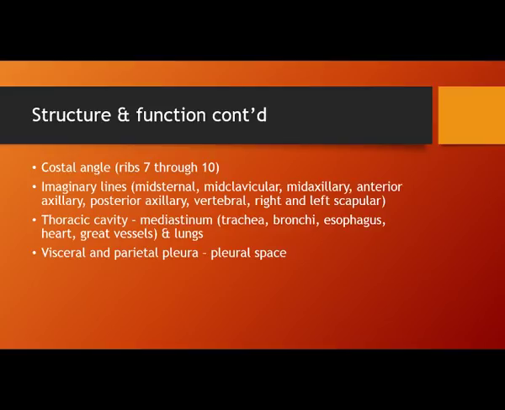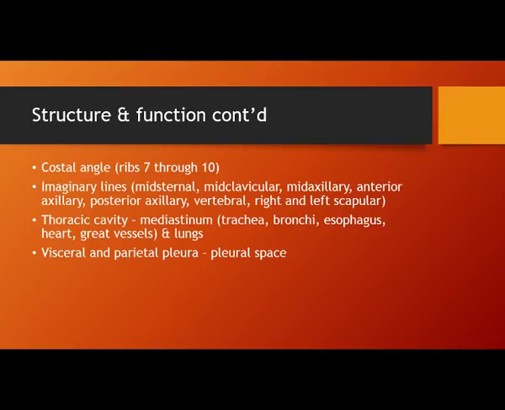Then we also use some imaginary lines to define where things are. Those lines would be the mid-sternal, which goes straight down the sternum. There's only one of those. But then there's two mid-clavicular lines, a right and a left.